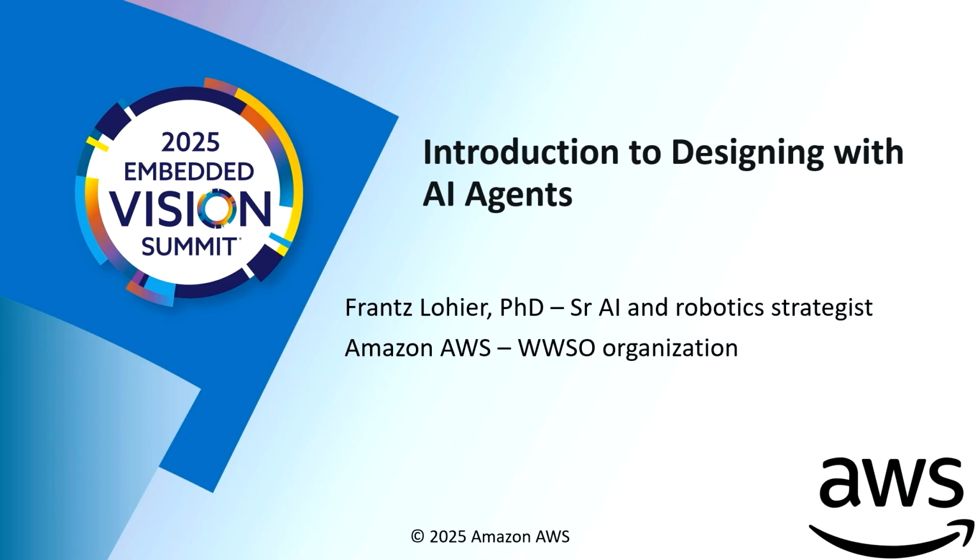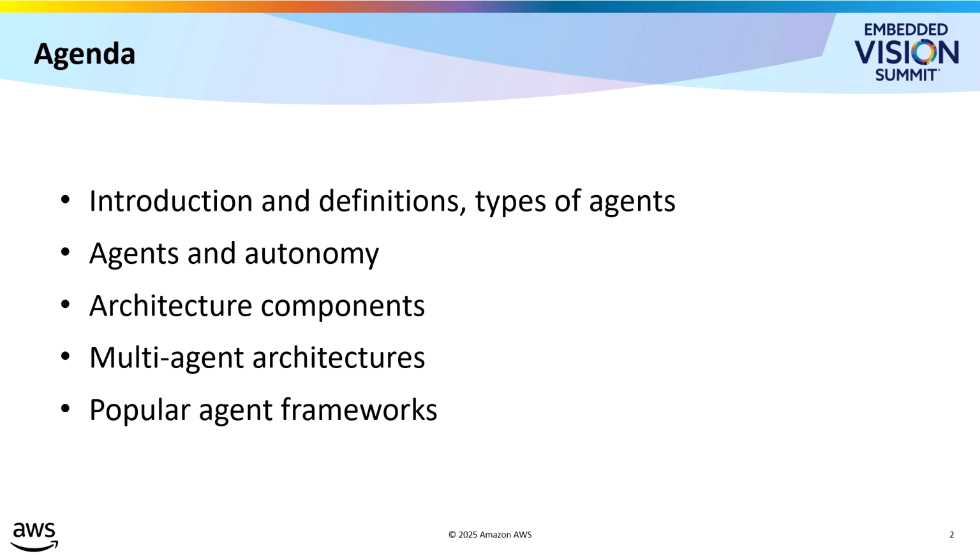It's a wide topic, moving fast, so I'm going to first try to explain what it is in simple words and concepts, explaining the types of agent, what agent means versus autonomy, some architectural topologies and components. I'll cover a little bit multi-agent architectures, and then I'll switch to some of the popular frameworks that are emerging.